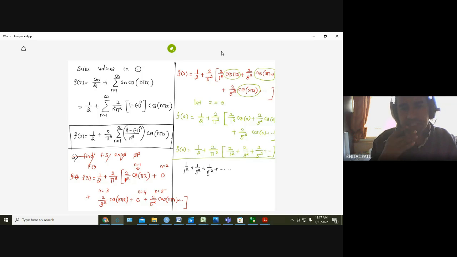I'll continue with this expression. Let me write this as expression number 2. Okay. Can I go to the next page? Yes, sir. Hope everyone is getting this. Okay, so I'll change the page.